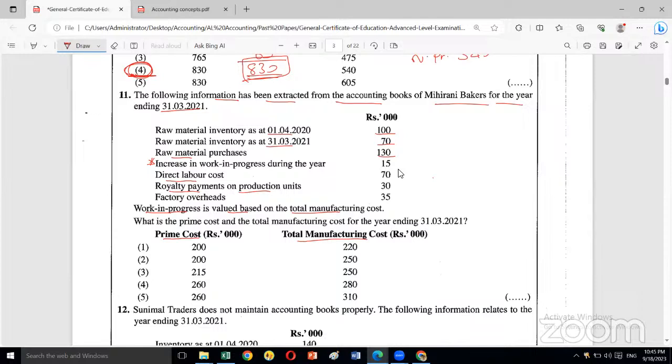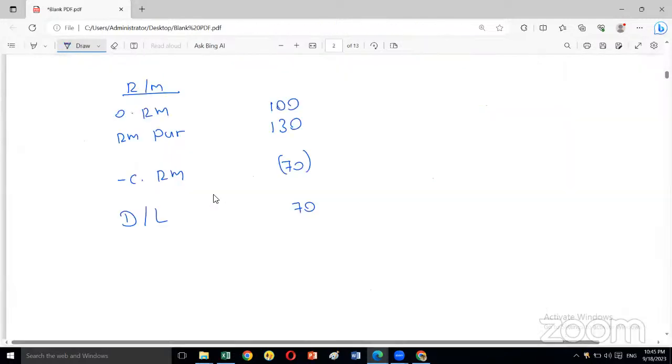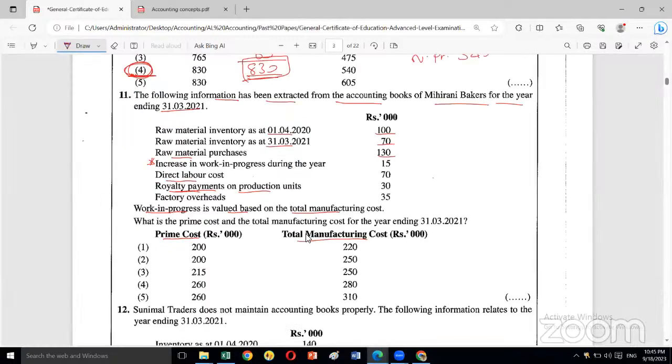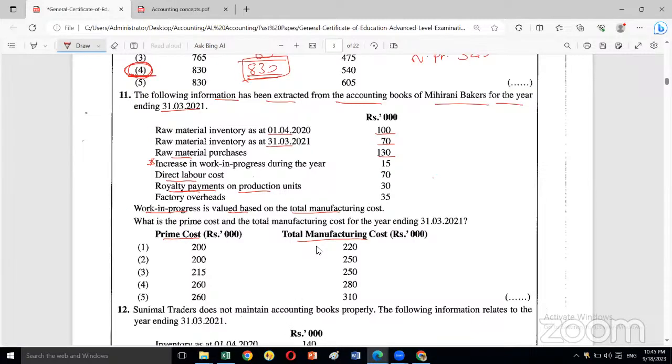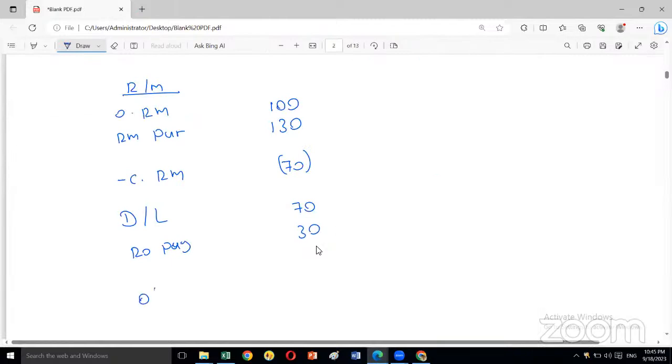In an MCQ, no workings are needed for this. The value is 30. After that, they gave the factory overheads.